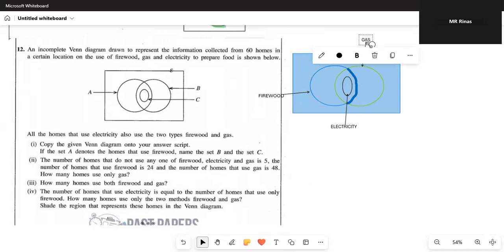Now we'll go to the next question. Second question. Likewise, now we have to color the parts. Okay, we copy this in the answer script.